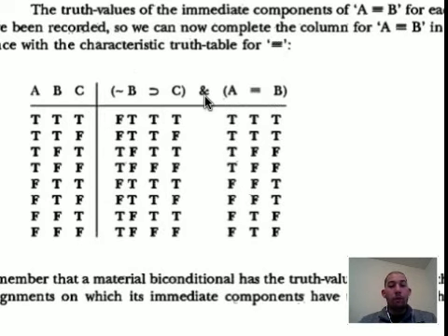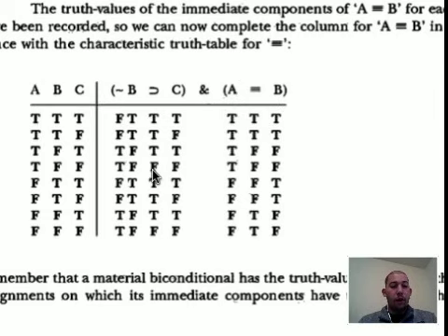So if you remember, conjunction says that the truth value of the complex sentence is true when both atomic sentences are true, and otherwise it gets the truth value false. So in this first row, the conjunction will get true because the first atomic sentence on this side is true, and the atomic sentence on this side is true.